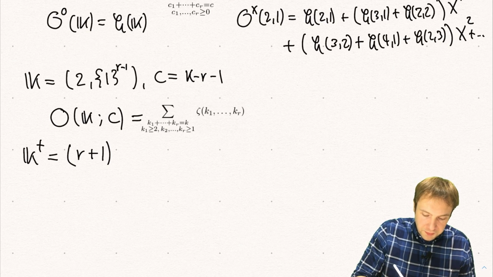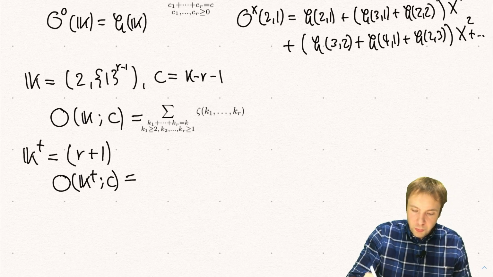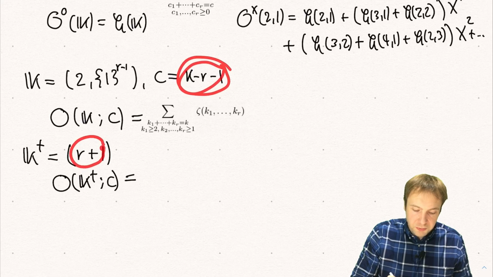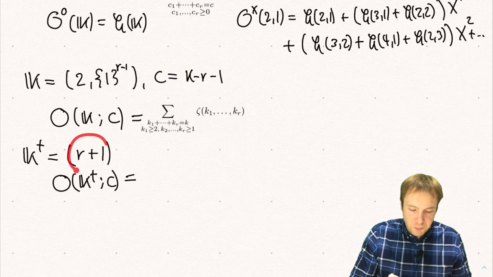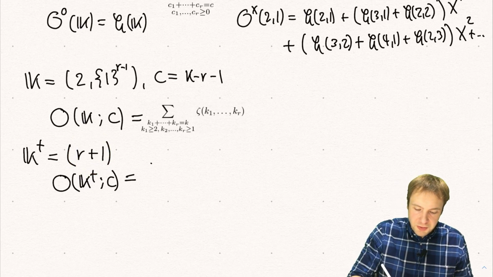And what is, in this case, O k dagger of C? Well, if I add this to this, then I also have weight k, but there's not much possibility. I just have depth 1, so this is just zeta k.